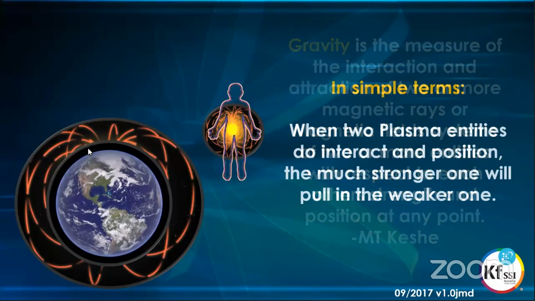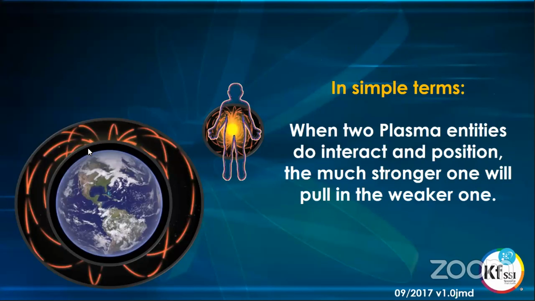In other words, we have two plasma entities that interact in position. The much stronger one will pull in the weaker one. That's how it's explained if we look at ourselves as a smaller plasma in relation to the Earth. It all comes down to maggrav positioning.